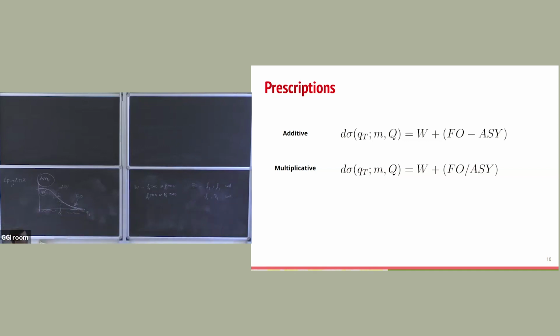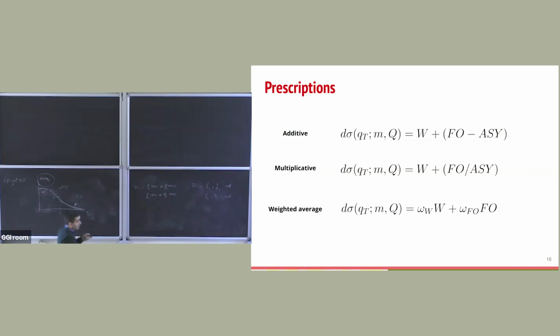So at small qt, fixed order and asymptotic, they approach the same value. So this ratio is equal to 1. So the cross-section is well approximated by W. And the same happens at large transverse momentum. So W and asymptotic, their ratio should go to 1. So the cross-section is actually described by the fixed order term.